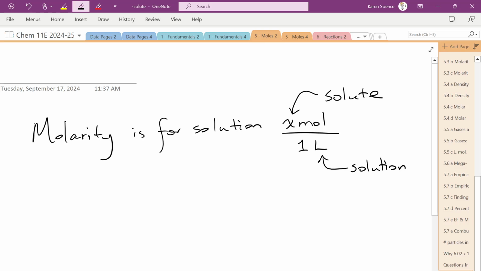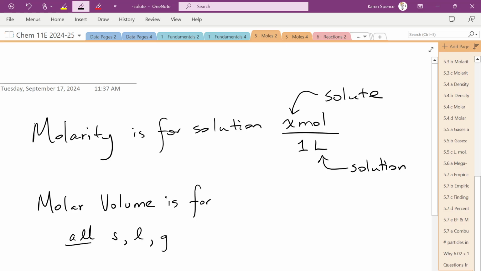Now, molar volume is for gases. It's actually for all substances, all solids, liquids, and gases. But for gases, it is always the same.